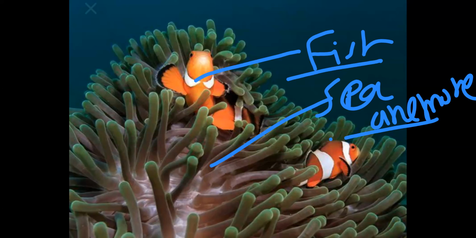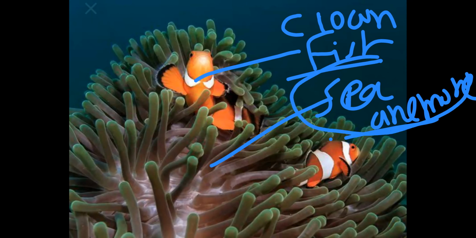That fish is a clownfish. Okay, this fish name is which one? Clownfish. So always this clownfish lives, remember, with this sea anemone. So sea anemone has what? Stinging tentacles. So the fish gets protection from predators, which stay away from the stinging tentacles.